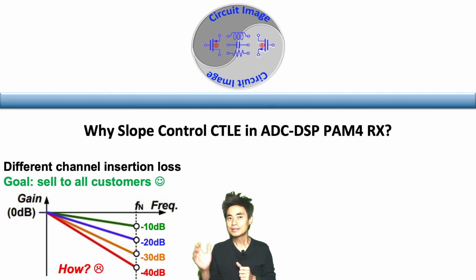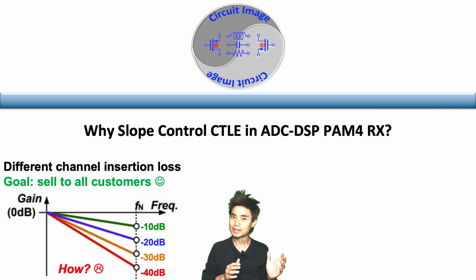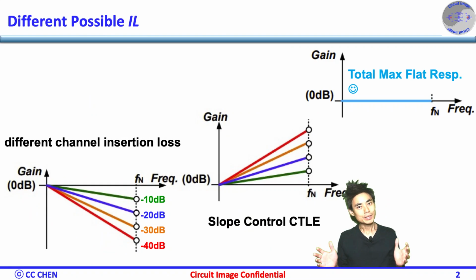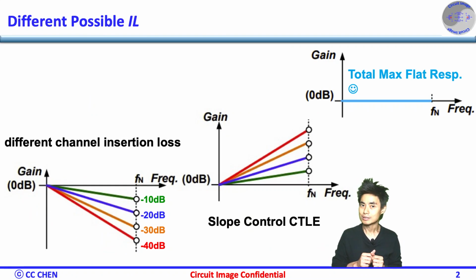Then, either the design or spec will lead to a slope control CTLE to meet our needs, to meet different channel insertion loss, like 20 dB, 30 dB, up to 40 dB is our goal. Therefore, applying the ADC-DSP based PAM4 RX is a must.